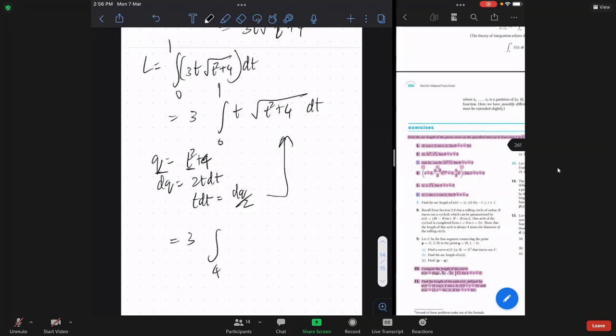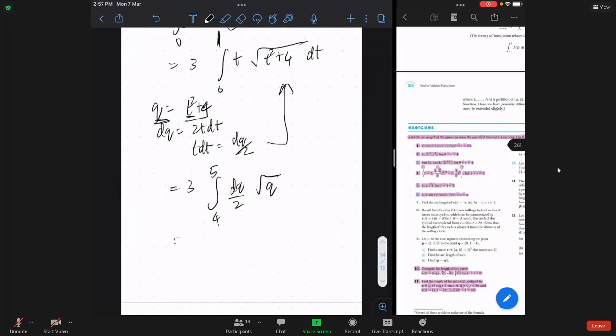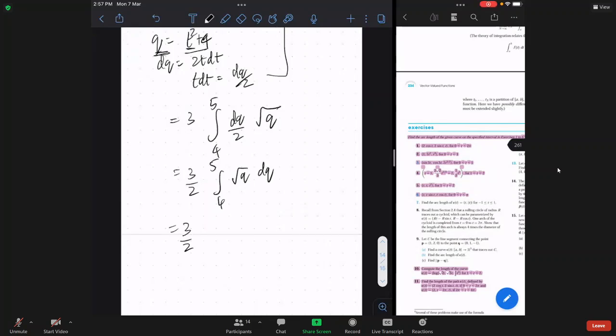When t equals 0, my q is 4, and when t equals 1, my q is going to be 5. t dt is dq by 2, and whatever is inside the root is my q. So this is 3 by 2 times the integral from 4 to 5 of root of q dq.